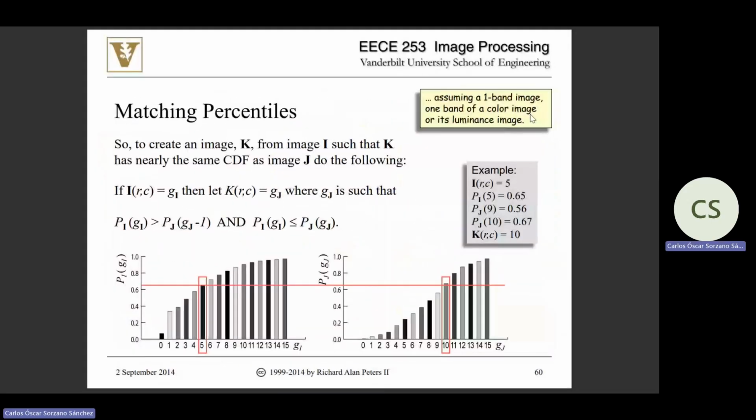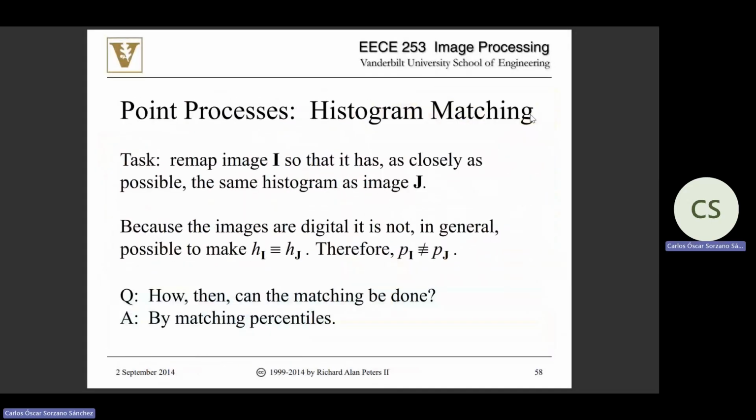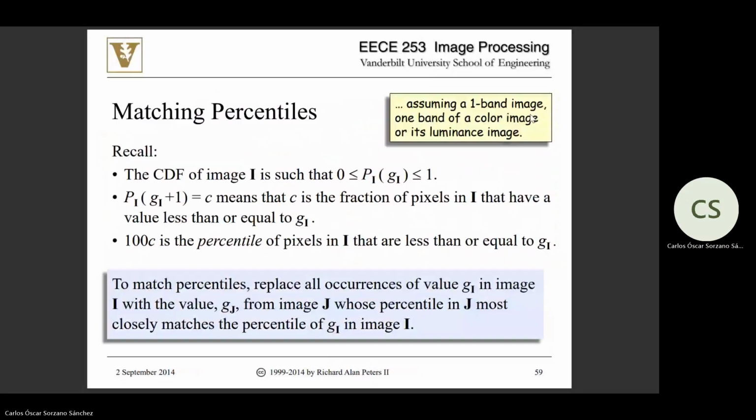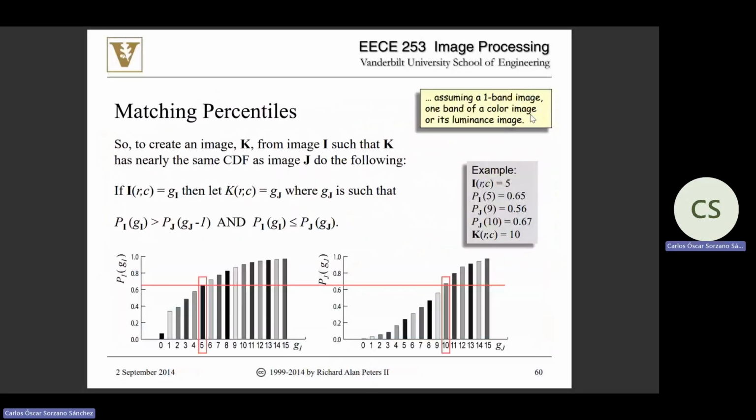So we want to do that for the examples I showed you. Let's see how we can do it. The key thing will be matching percentiles. This is the CDF of one of the images, I. This is the CDF of the other image, J. Let's say that in the input image, I have a value 5.